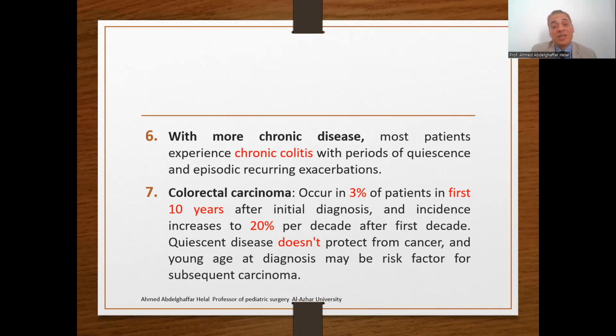Quiescent disease doesn't protect from cancer, and the young age of the children may be a risk factor for subsequent cancer. This risk of carcinoma should be kept in mind by the pediatric surgeon treating this disease, as the child is growing, and the aim is to remove all the diseased mucosa.